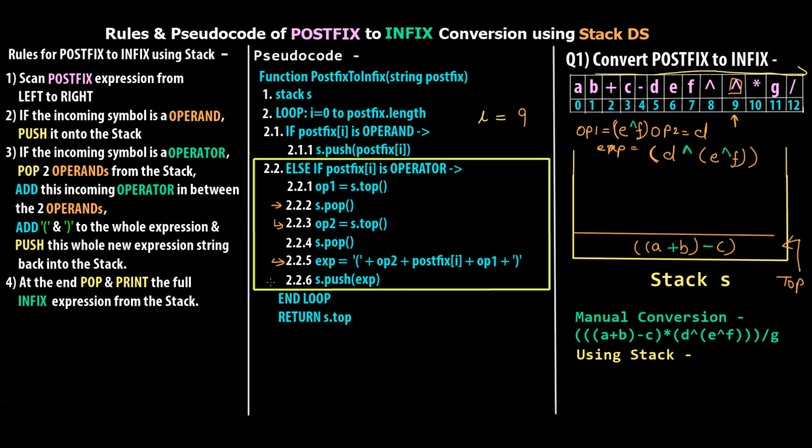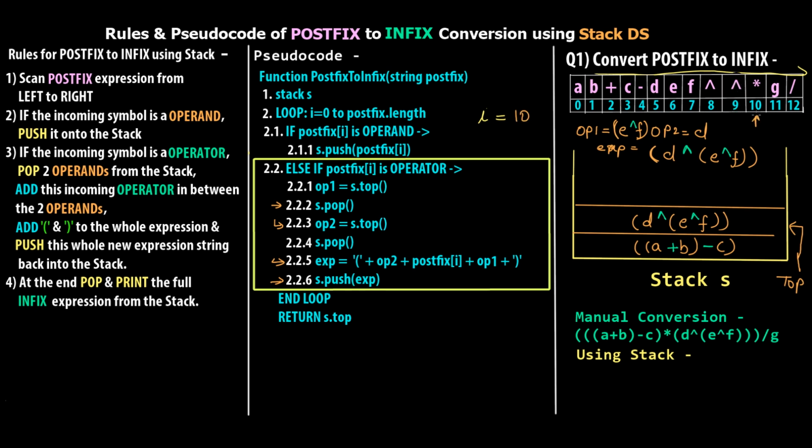We will then push it onto the stack at 2.2.6. So this exp will go over here. We say D raised to opening bracket E raised to F, closing bracket, another closing bracket, and now this becomes the new top of the stack. So this was when I was 9, I now becomes 10.